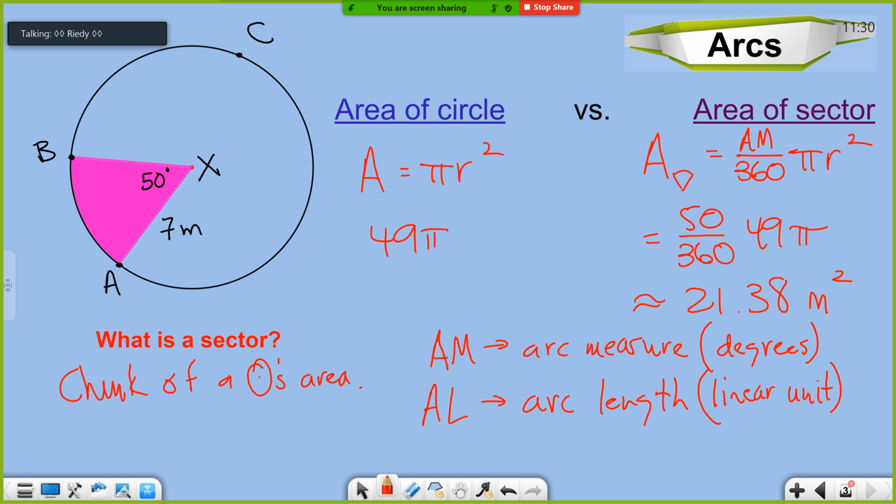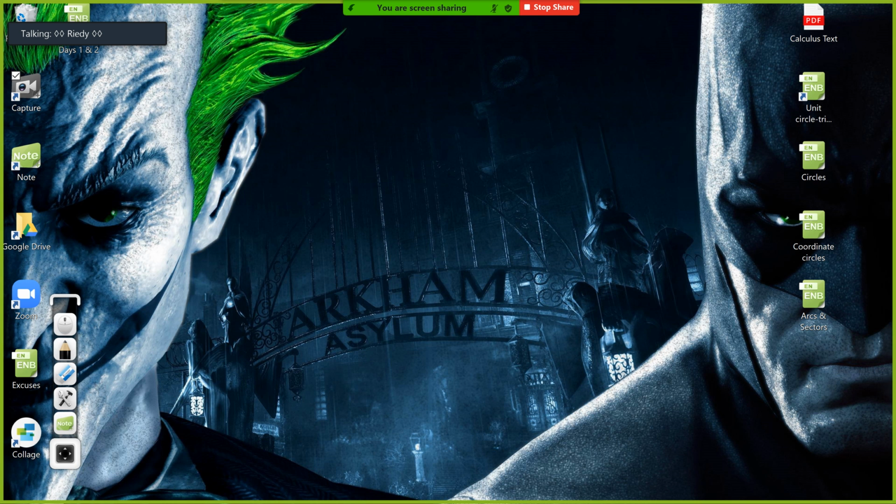Well, what happens when you want to do a sector? A sector is simply that chunk of the entire circle, as Colin mentioned. So find the entire circle and figure out what percentage of the circle we're talking about. Okay, we good? Questions? No? Questions at home? No? Beautiful. Okay, so let me stop this.